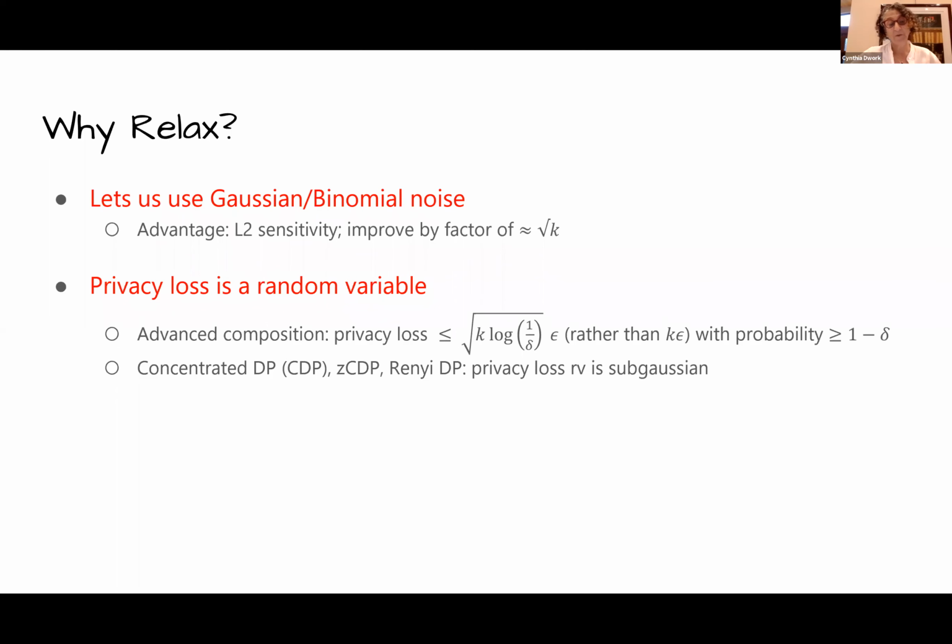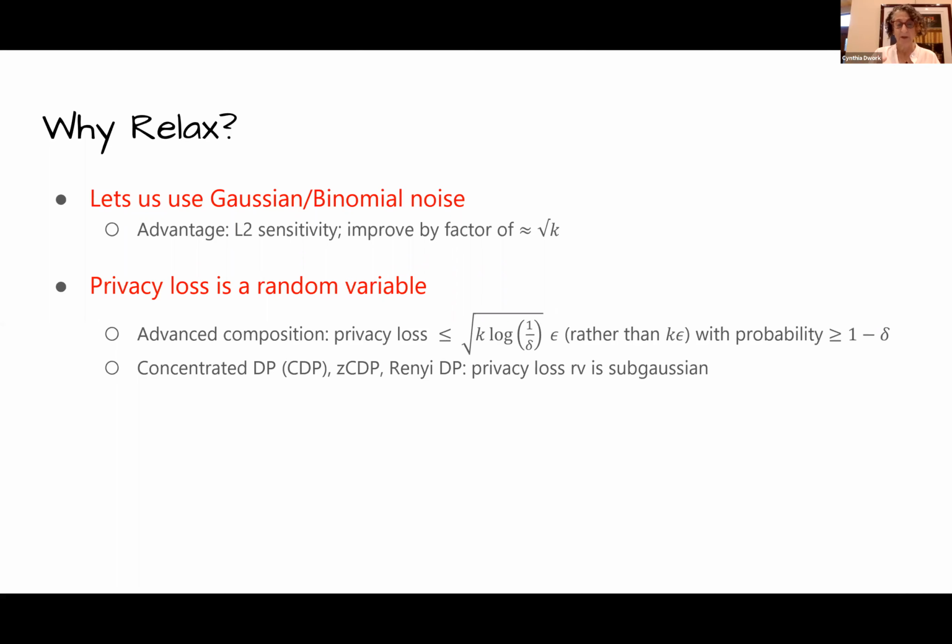That gave rise to a whole slew of stronger definitions of different concentrated differential privacy and its cousins, zero-mean concentrated differential privacy, Rényi differential privacy, where basically the privacy loss random variables are sub-Gaussian, and you can get better bounds.